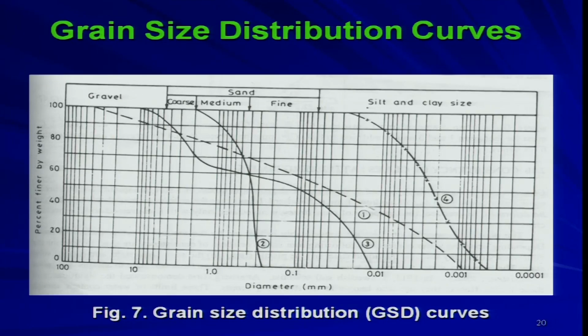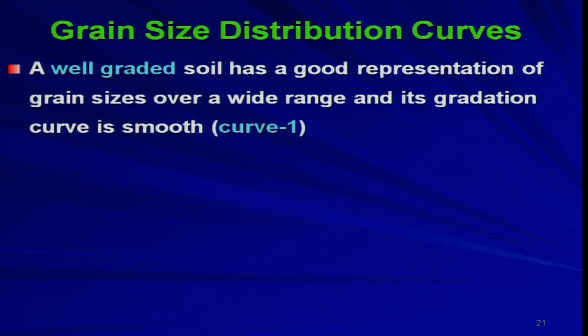That means most of the diameters, or most of the particles, are present in that sample. That is why it is a well graded sample. A well graded sample has a good representation of grain sizes over a wide range and its gradation curve is smooth. That we have already observed, and that is denoted by curve 1.